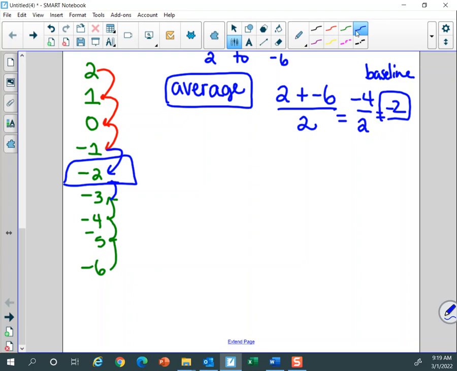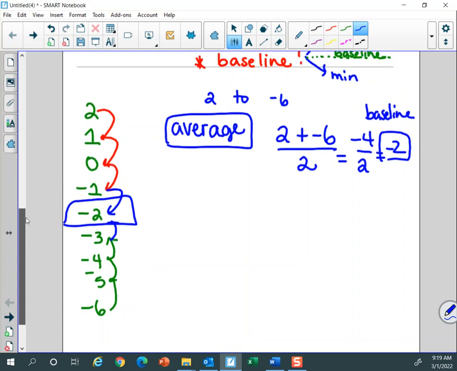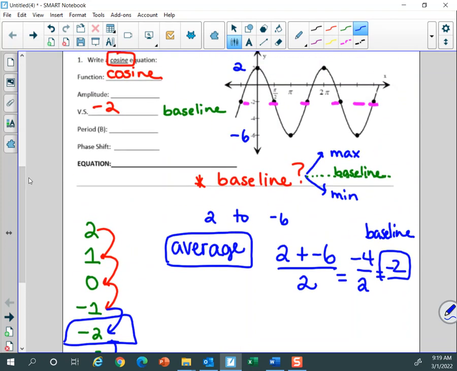Okay. So lots of different ways to see or calculate that between -6 and 2 the baseline is at -2. How are we doing with that? Is that all right? Yeah? Baseline at -2? Okay.